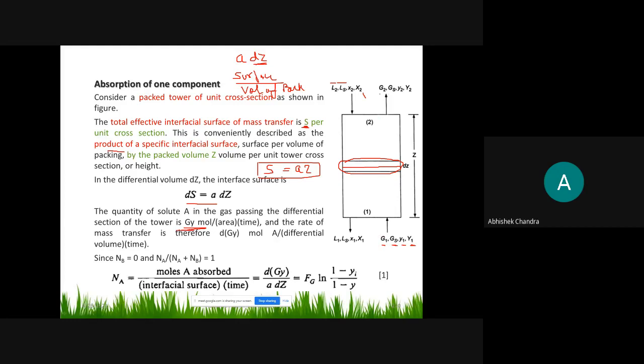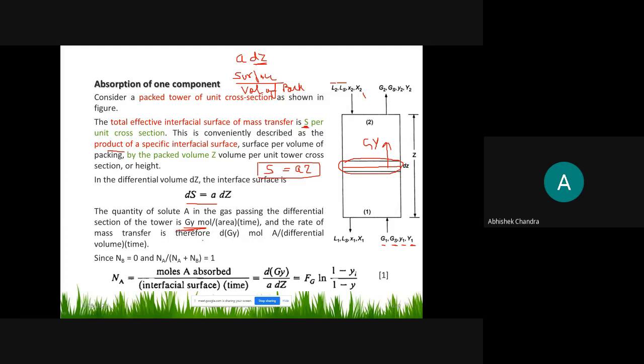This means the flow rate will vary, because solute will transfer from the gas phase to the liquid phase. The molar flow rate at this differential section is G, multiplied by the composition of the solute, Y. So Gy is the quantity of solute in the gas within this differential section.